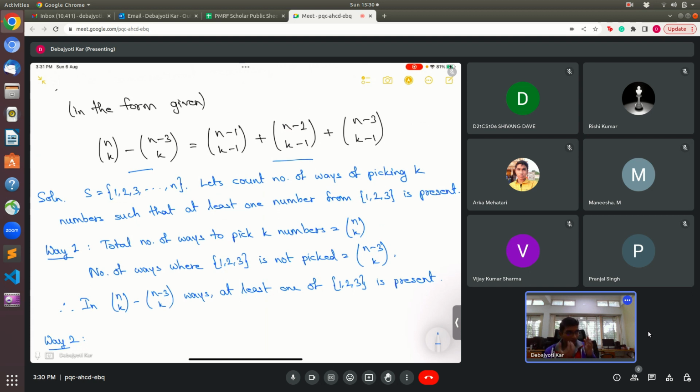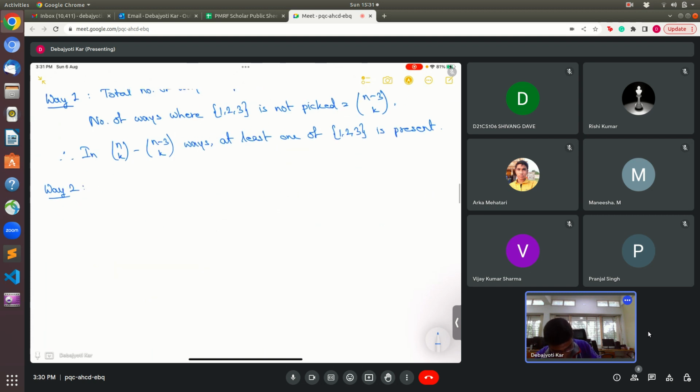So let's count the number of ways in which 1 is chosen, and we do not care about 2 and 3. Okay, so if we fix 1, that is 1 is already chosen, then from the remaining n minus 1 numbers you have to choose just k minus 1 numbers.